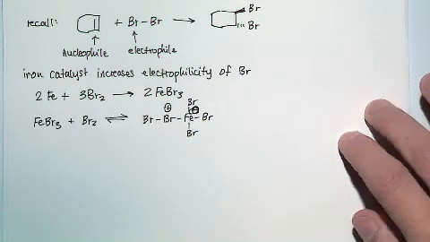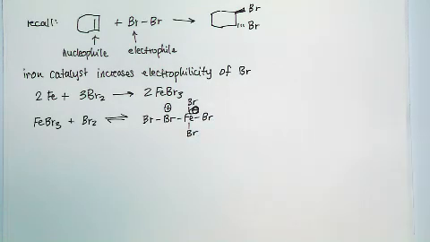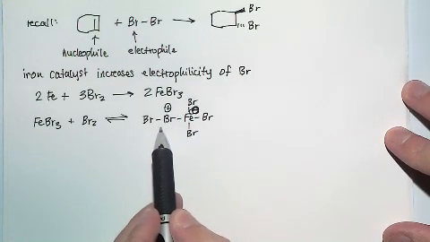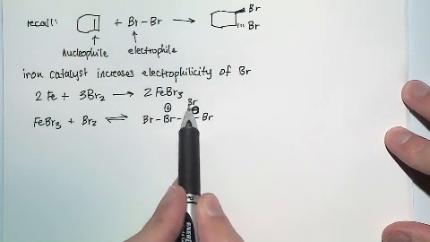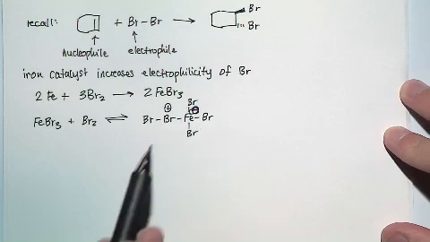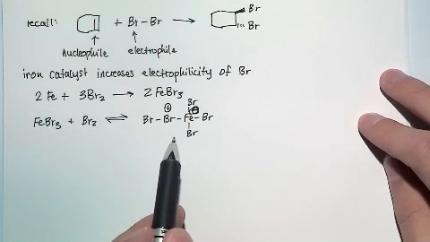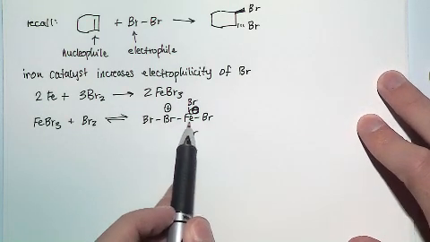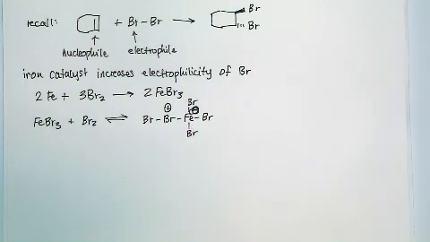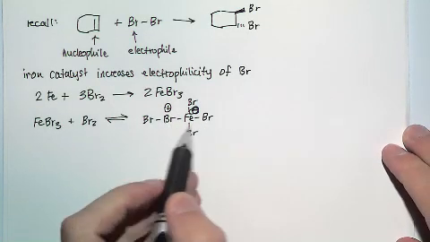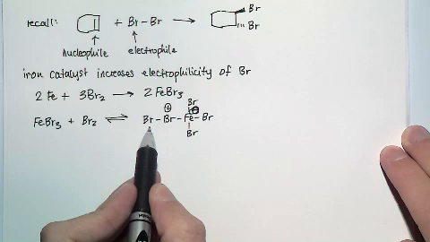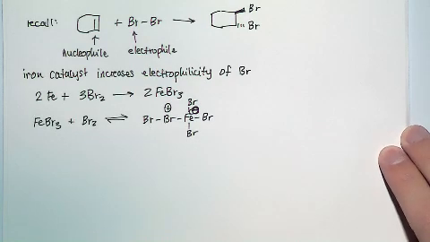Sorry, negative charge there. Okay, so this is just the Br2 from the bromine attached to the FeBr3. And the advantage of this is the iron is essentially pulling all of the electron density toward the right, and so that bromine atom there is extremely electrophilic.